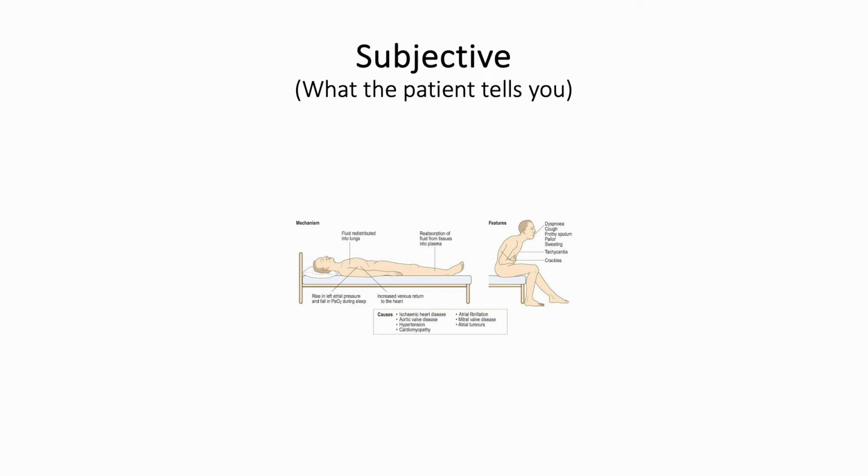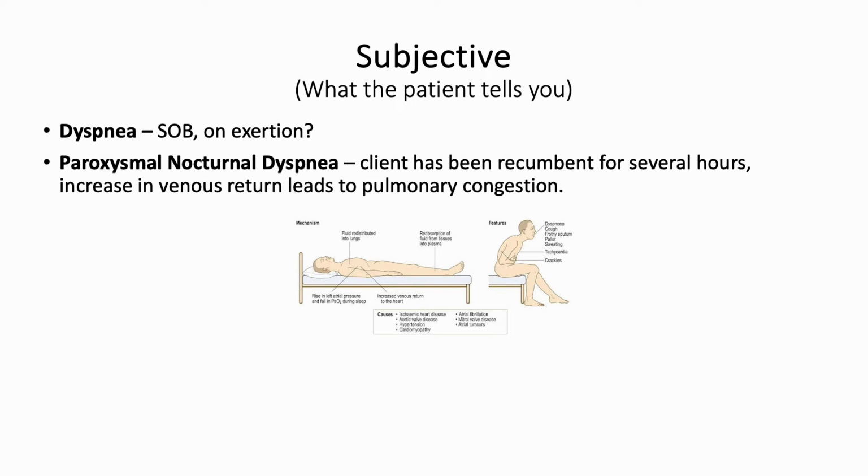Now, it's very important also to talk about shortness of breath. This is something that is a common complaint as well. Shortness of breath, or SOB, once they do describe their shortness of breath, you want to know, is it on exertion? Is it when you're trying to do an activity like after walking, after climbing the stairs? Or is it just at rest when you're sitting in front of the TV and watching your favorite show?